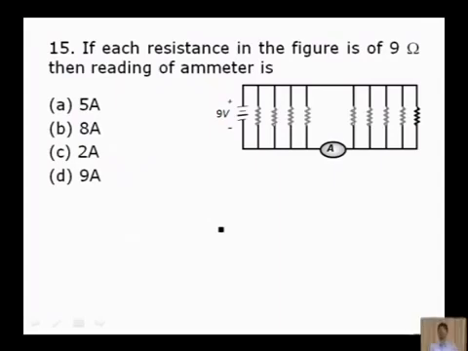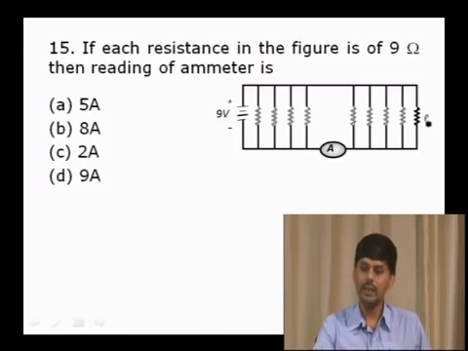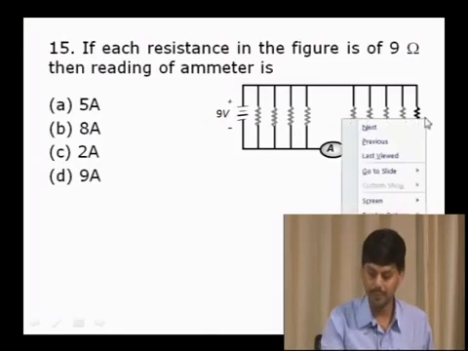Question number 15. If each resistance in the figure is 9 ohm, then the reading of the ammeter is: option A 5 ampere, option B 8 ampere, option C 2 ampere, option D 9 ampere. See, all the resistors in the circuit are 9 ohm.